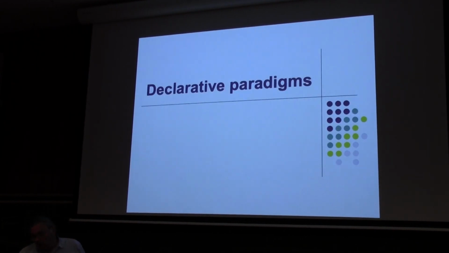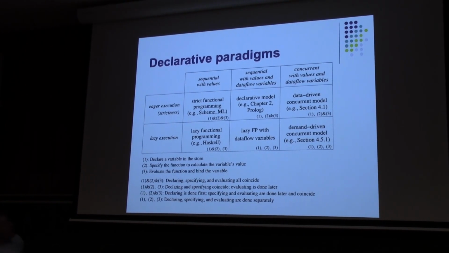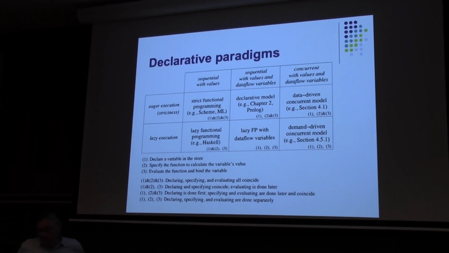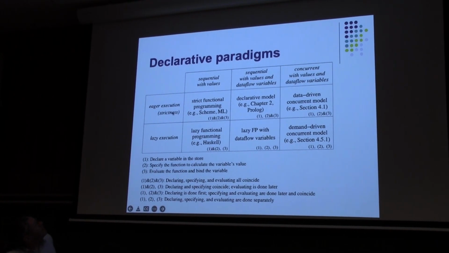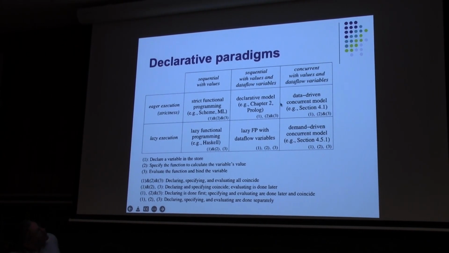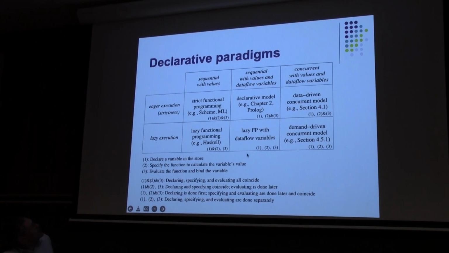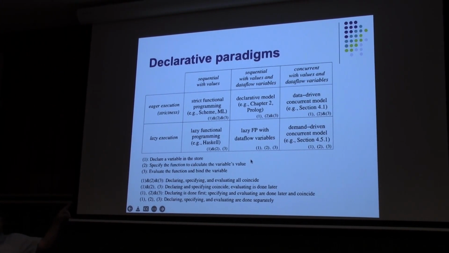Let me make one more thing and then we're done for today. Here is a chart giving all possible declarative paradigms. We've seen functional programming with values, functional programming with data flow variables, deterministic data flow, lazy deterministic data flow, lazy evaluation, and lazy evaluation with single assignment variables. These are 6 paradigms.